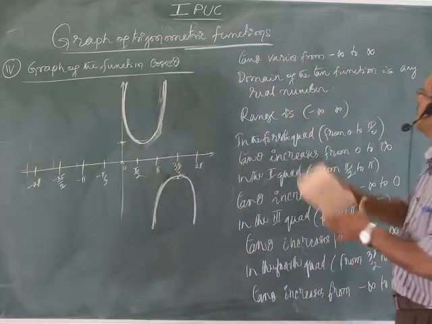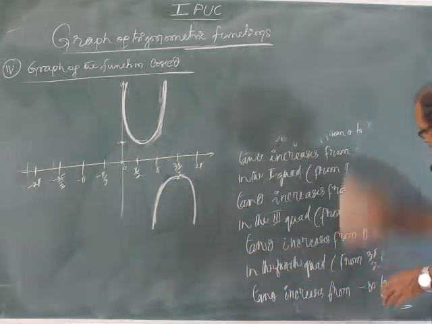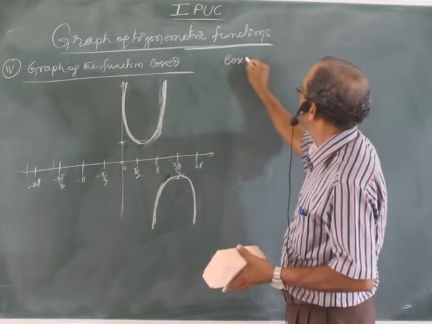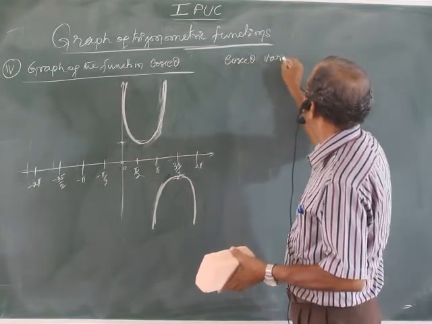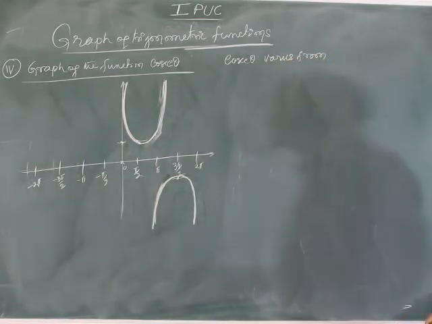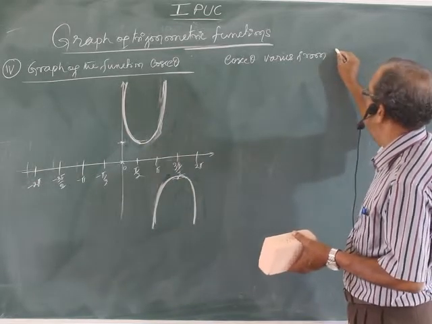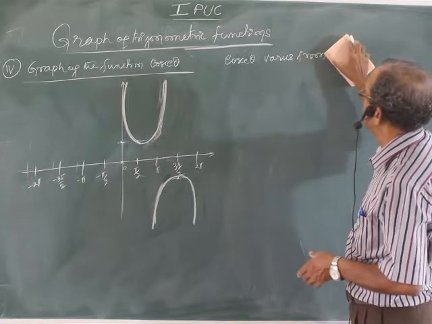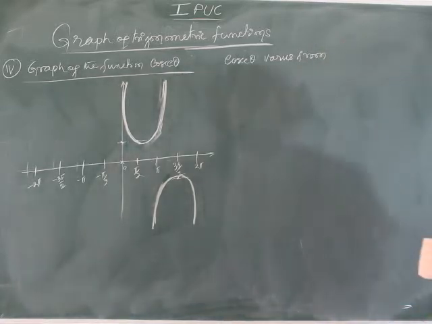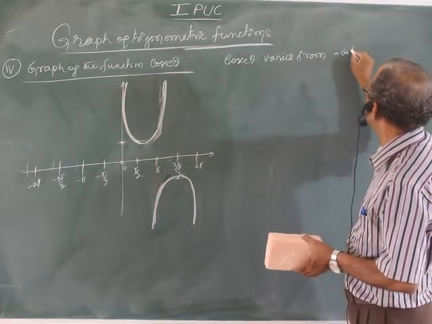Now, write carefully: cosecant theta varies from minus infinity to infinity.